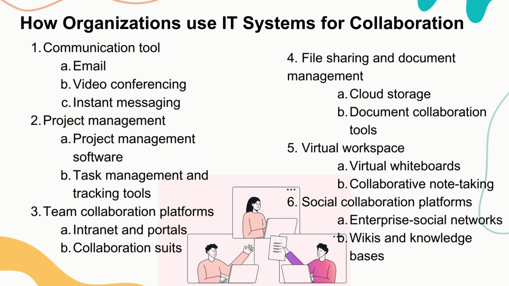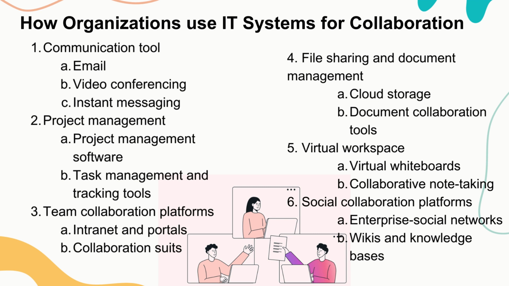The sixth and the final type is social collaboration platforms. Under this, enterprise social networks and wikis and knowledge bases can be identified. Enterprise social networks are platforms often deployed internally to provide a space for employees to share updates, collaborate on projects, and engage in discussions across the organization.